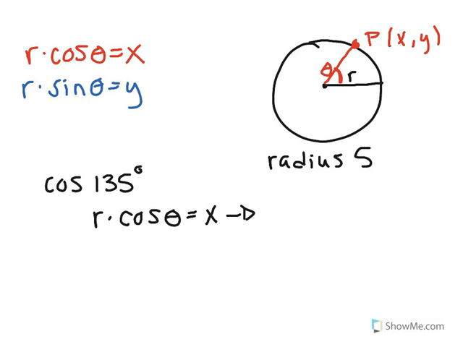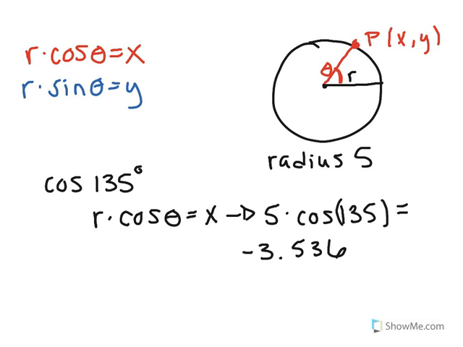The radius in this case was 5, so I'm going to write 5, and I'm going to multiply that by the cosine of 135 degrees in my calculator, because I don't know that by heart. It's not one of the nice ones. It's not 0, 90, 180, 270, or 360. So I'm going to have to use my calculator. I'm going to type that in and see what I get. We're going to round to 3 decimal places. So negative 3.536 would be my answer for that.